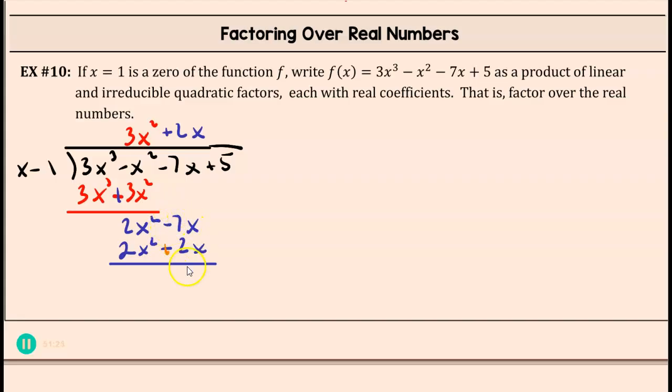So we have negative 7 plus 2 is negative 5. Bring down the 5 and repeat one more time. So x times what is negative 5x? We have negative 5. And we get negative 5x and positive 5, which is good, because subtract those, we get 0, which means it went in evenly.